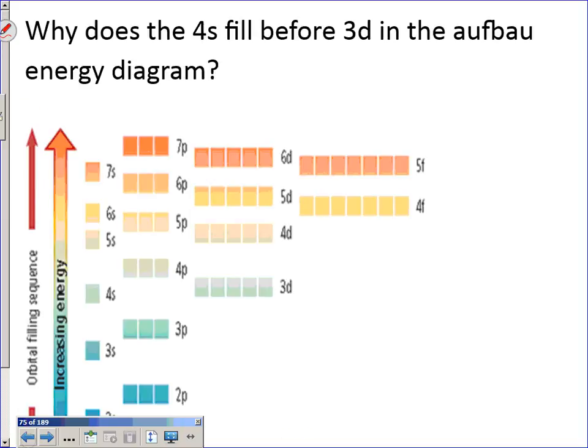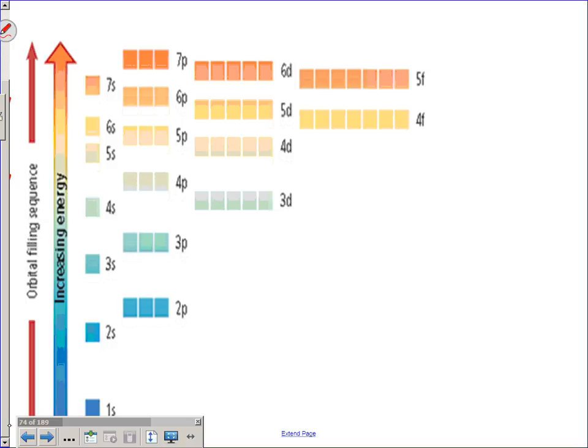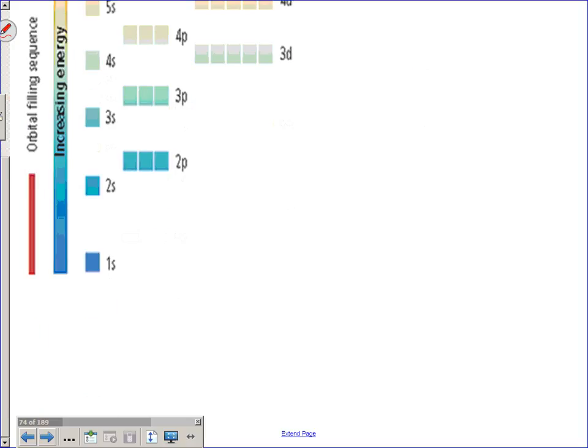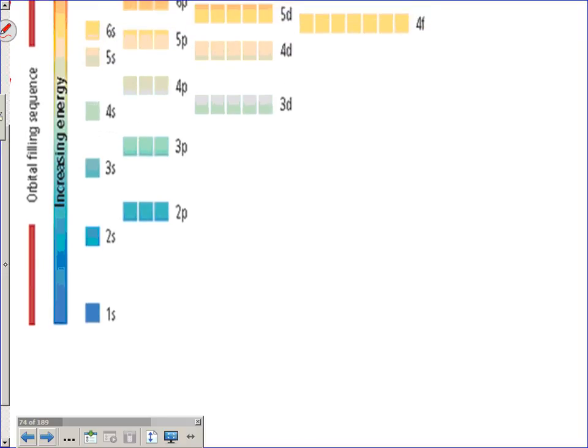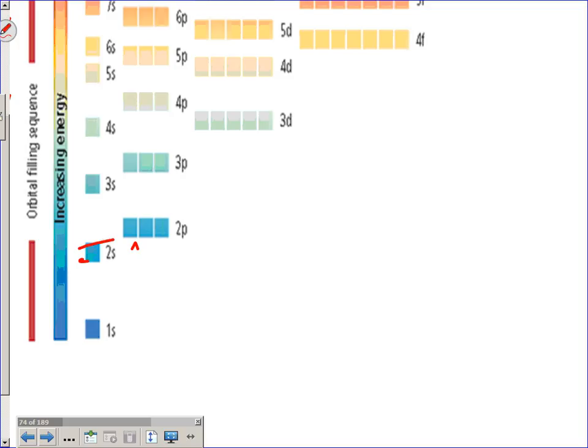This is Aufbau's diagram. Aufbau says you fill the electrons from the lowest energy level to the highest. But they sometimes don't follow the sequence of 1, 2, 3, 4, 5. So it goes 1s2, 2s2, 2p, 3 orbitals, so we can fit 6 electrons in there total.